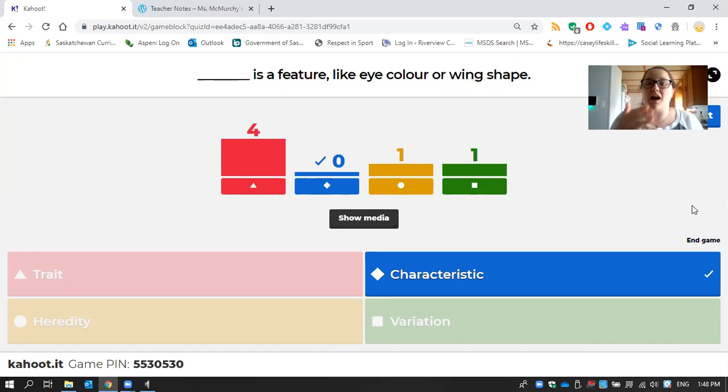So that would be like eye color and wing shape. A lot of you chose the trait, and a trait is a specific example from that category. So for example, characteristic would be eye color. A trait would be maybe blue eyes or brown eyes. So think of characteristic as a category, and trait as a specific answer from that category.